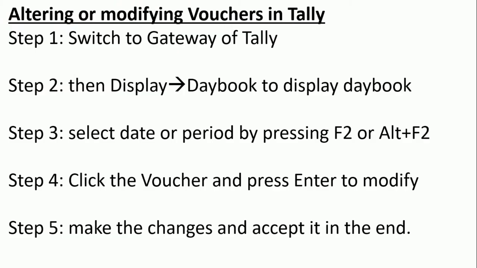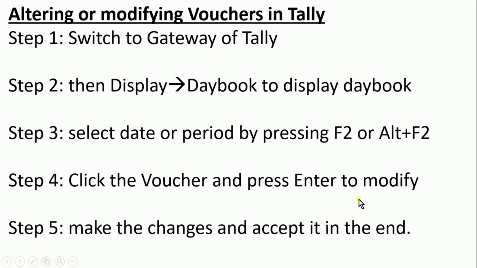Next is how we can alter or modify vouchers in Tally. So switch to gateway of Tally, then display daybook, and select the date or period by pressing F2 or Alt F2, and click the voucher and press enter to modify and make the changes.